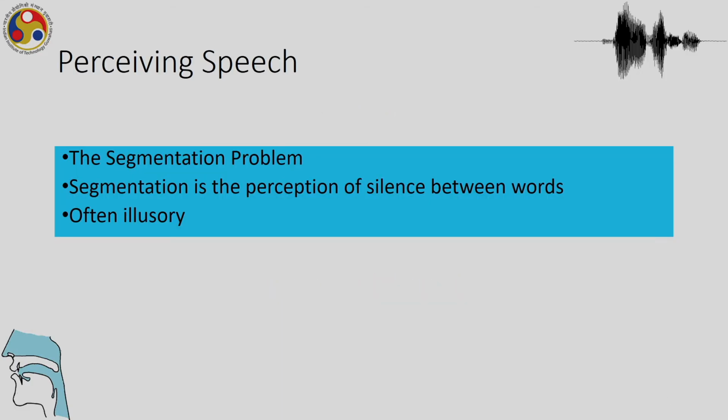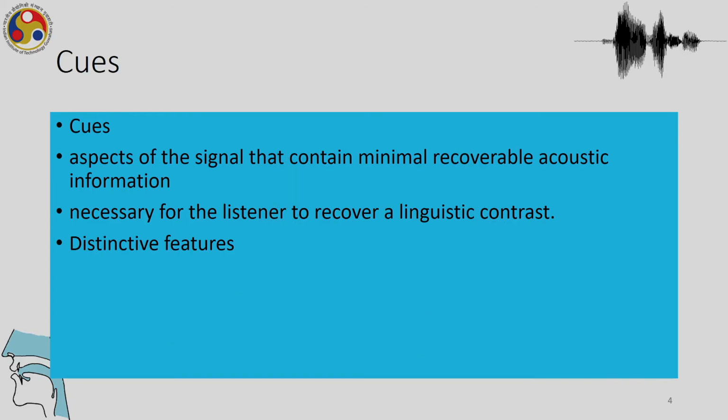So, I am continuing with Unit 4, that is speech perception, and in the last class we talked quite a bit about perceiving speech and the segmentation problem, that segmentation is the perception of silence between words, and how human beings use cues as aspects of the signal that contain minimal recoverable acoustic information necessary for the listener to recover a contrast.